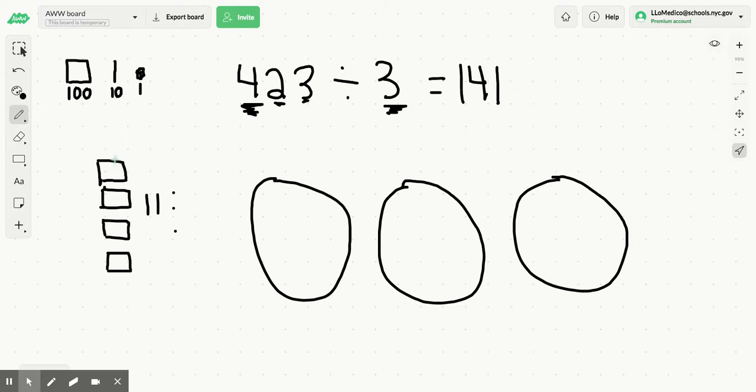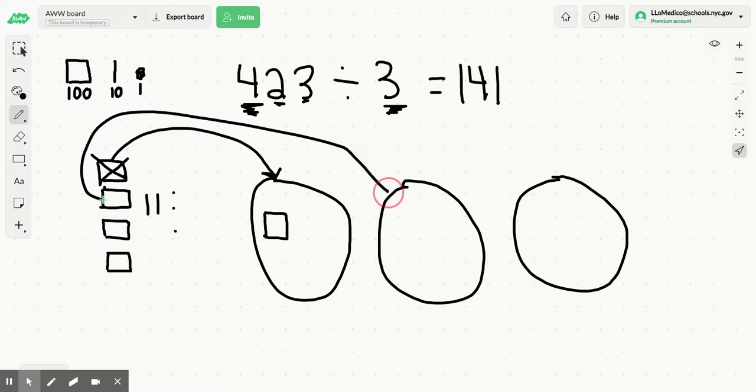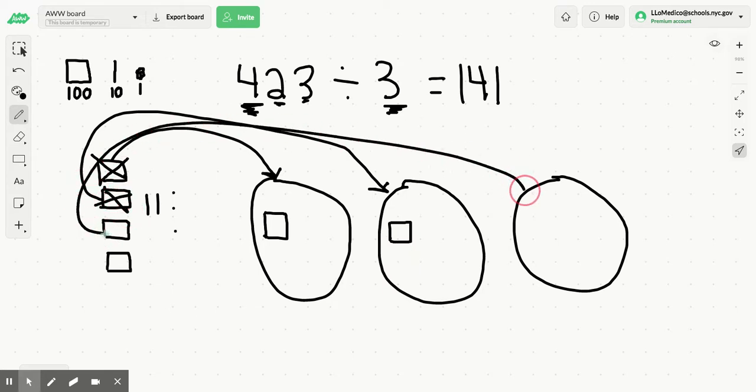So I'm going to put this 100 in the first group. I'm going to take the second 100 and put it in the second group. I'm going to take the third 100 and put it in the third group.